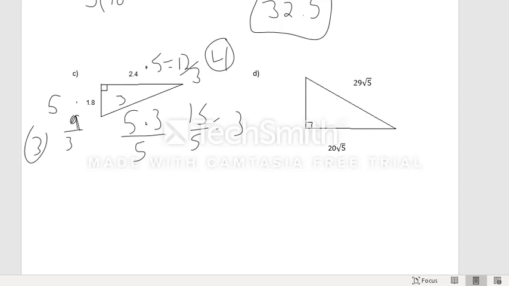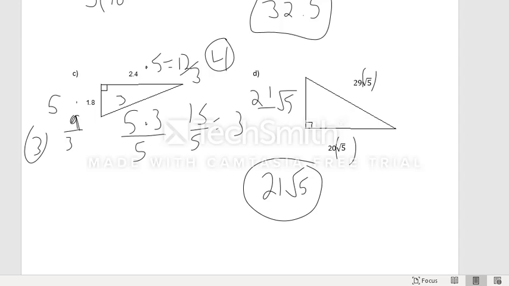And the last one, notice that these have a factor of the square root of 5, so we can pull that out. We have a 20, something times the square root of 5, and a 29. So 20, 21, 29. This side is 21 times the square root of 5. So this can be a shortcut to simplify some of these using the Pythagorean theorem.